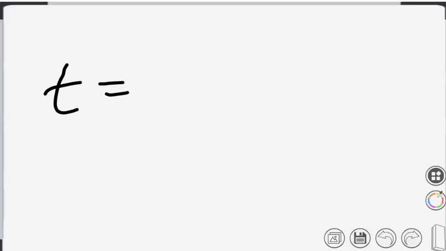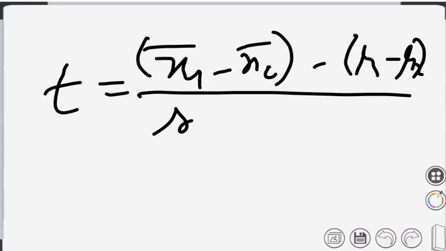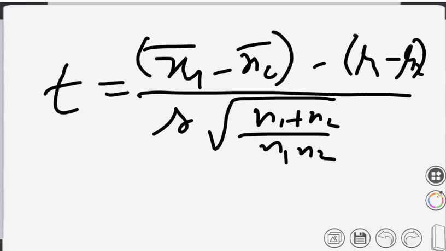So we put the value in the formula of t. t equals x1 bar minus x2 bar minus mu1 minus mu2 by s into root over of n1 plus n2 by n1 n2. So x1 bar কত? ভ্যালুটা কত? x1 বারের ভ্যালু কত? 52. 52 minus 42, হ্যাঁ 42.